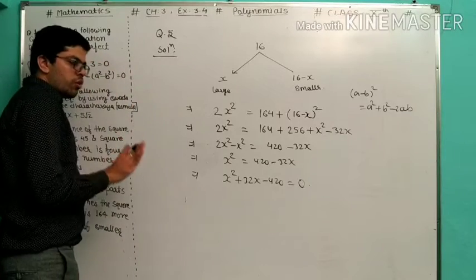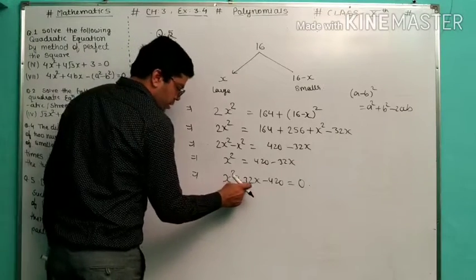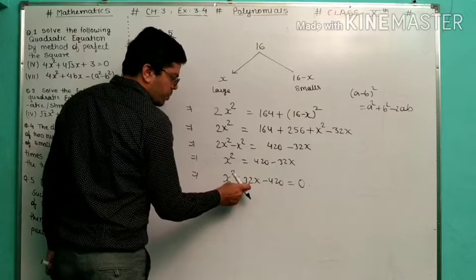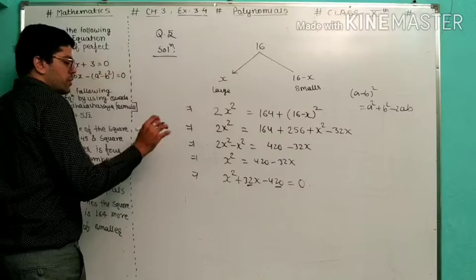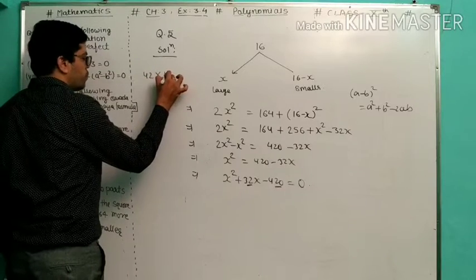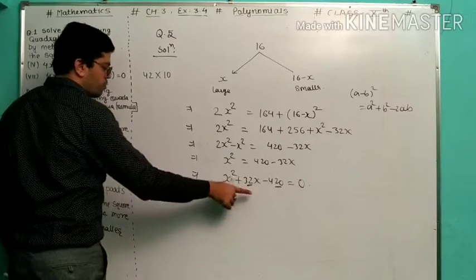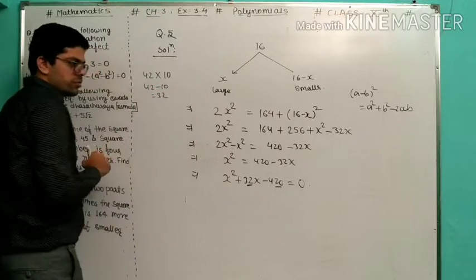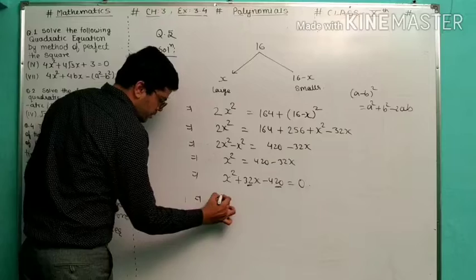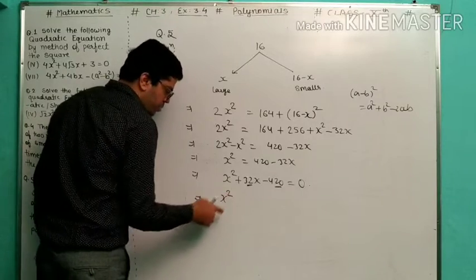Again you got a quadratic equation. Added or subtracted you have to obtain 32, and multiplied you will obtain 420. So when I multiply 42 into 10, I obtain 420, and 42 minus 10 is 32. So that's very simple. I have used splitting the middle term here.